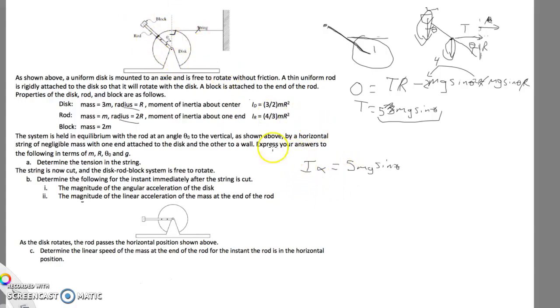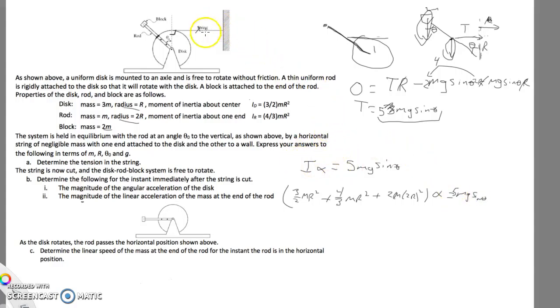And so I is going to be I of the disk, so 3/2 mr squared for the disk, plus for the rod, 4/3 mr squared, and then plus for this block, we treat that as a point, so just mr squared, and the r for that one is going to be 2r, because it's a distance 2r away, and the mass for that one is 2m. So it would be 2m times 2r squared, and all that times alpha equals 5 mg sine theta.